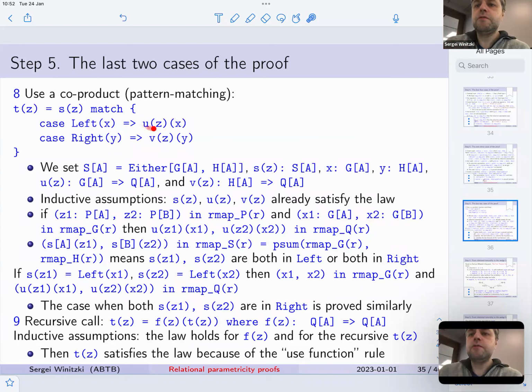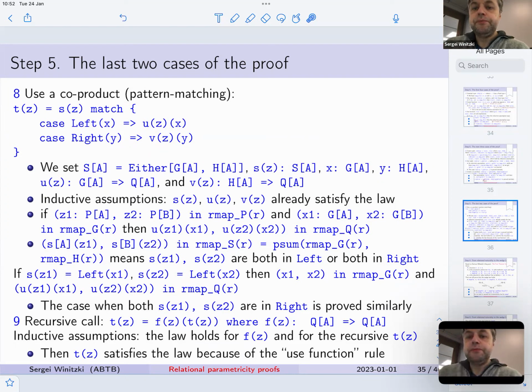So this is of type Q of A, and this is also of type Q of A. So this is an inductive assumption for U and an inductive assumption for V, the same, will be similar.